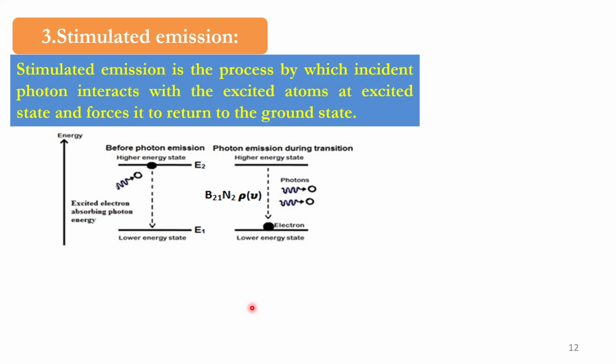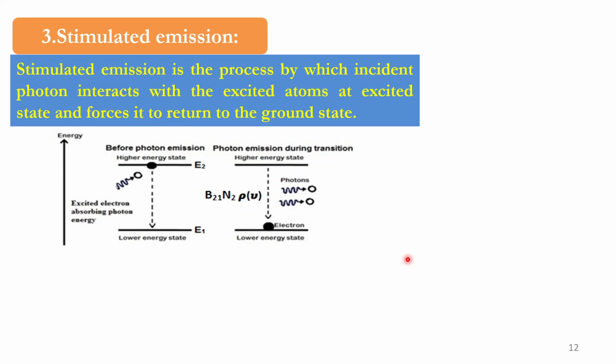The third process is stimulated emission. I have already explained stimulated emission: it is the process by which an incident photon interacts with an excited atom in the excited state and forces it to the ground state.